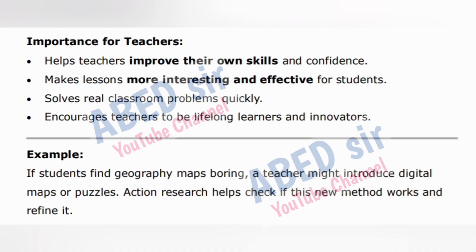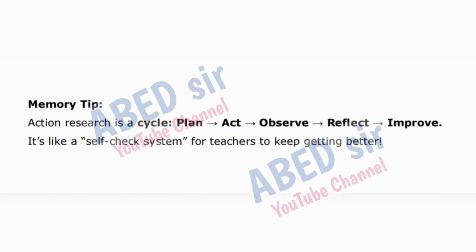If students find geography maps boring, a teacher might introduce digital maps or puzzles. Action research helps check if this new method works and refine it. Memory tip. Action research is a cycle: plan, act, observe, reflect, improve. It's like a self-check system for teachers to keep getting better.